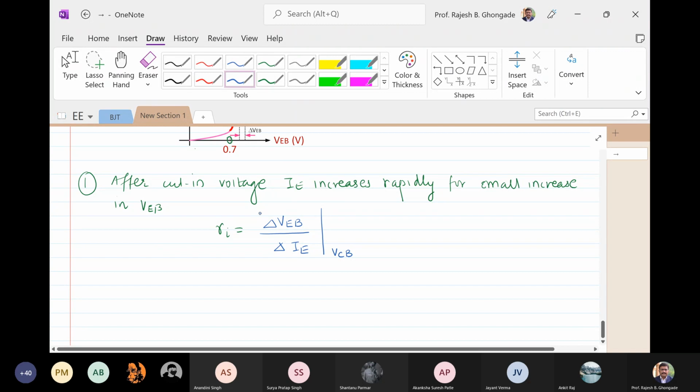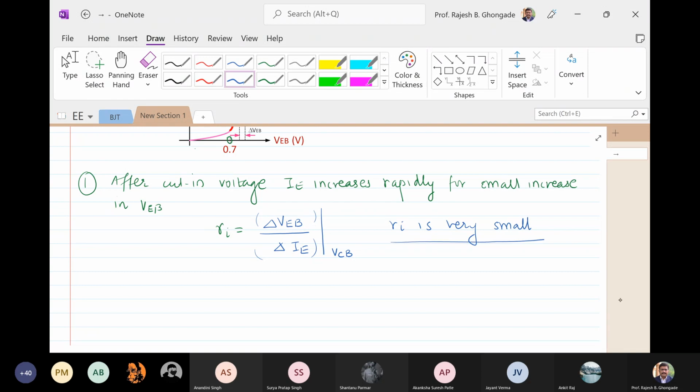Numerator is less, denominator is more. तो Ri is very small. So we come to a very important observation that the input resistance of common base configuration is very small.